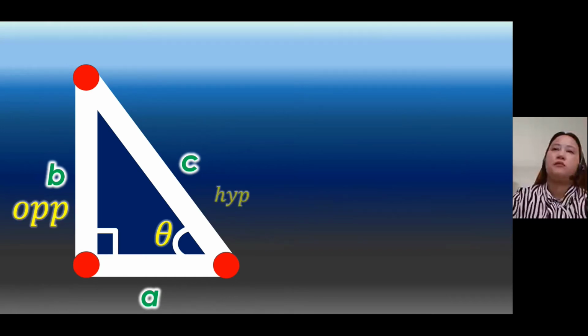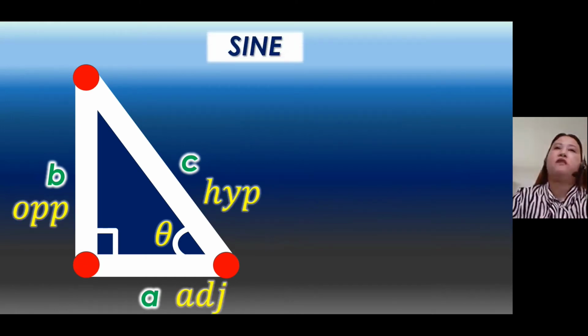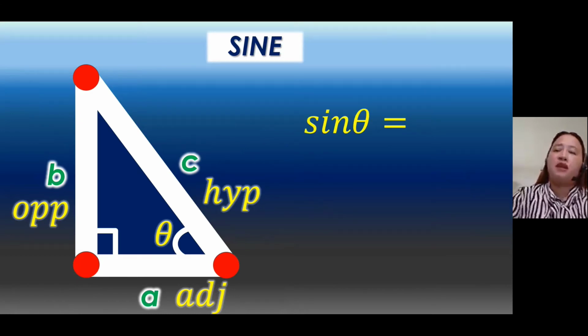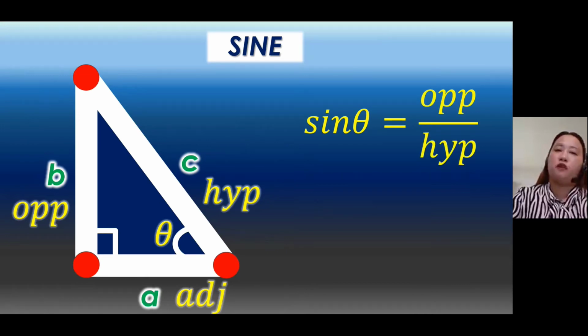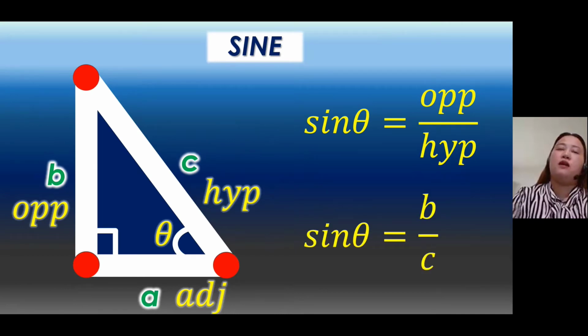Next. On the next slide, we have the sine. Sine theta, if you can remember, in terms of sides, is opposite over hypotenuse. In the PowerPoint, I included a formula based on the triangle on the left.